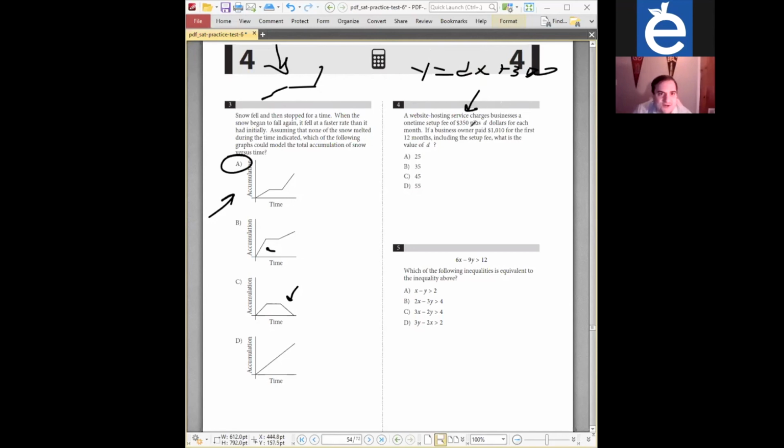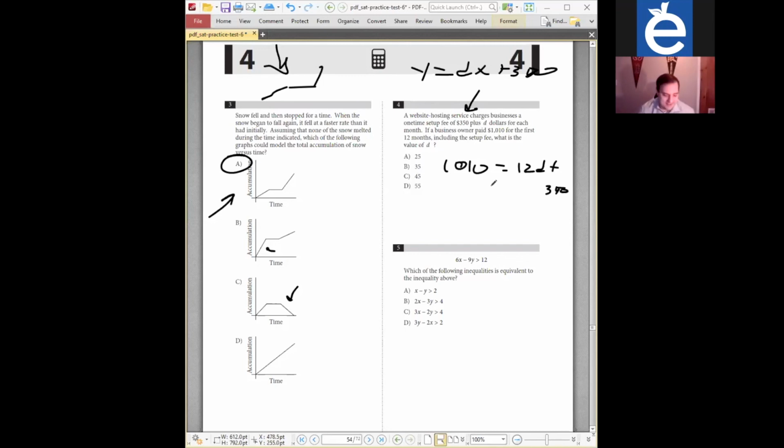If the business owner paid $1,010 for the first 12 months, including the setup fee, what is the value of d? Well, paid, that would be the total price, and it's telling us how many months. So let's just start plugging things in. 1010 = 12d + 350. Now, I like to draw it out, even though I like to write it out.